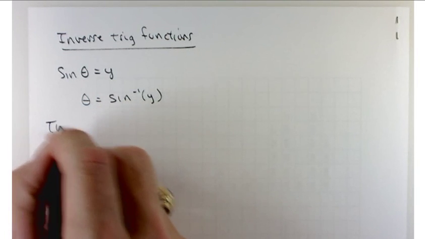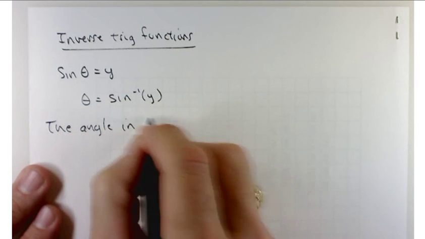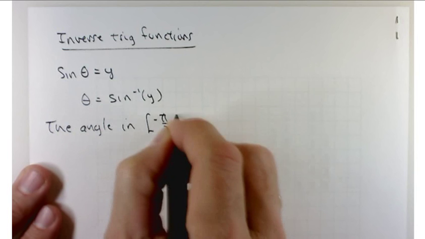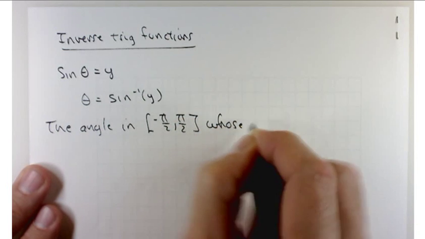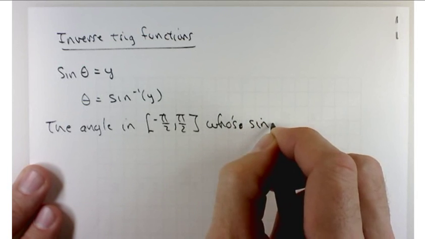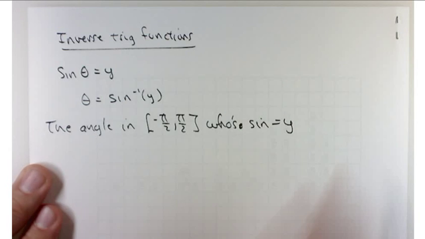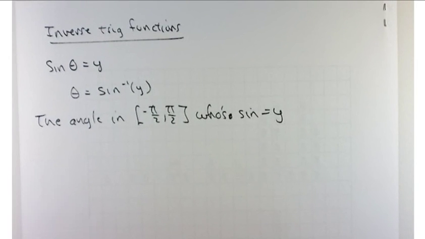So the angle in this interval, negative pi over 2 to pi over 2, whose sine equals y. Likewise, you can have the cosine of theta.